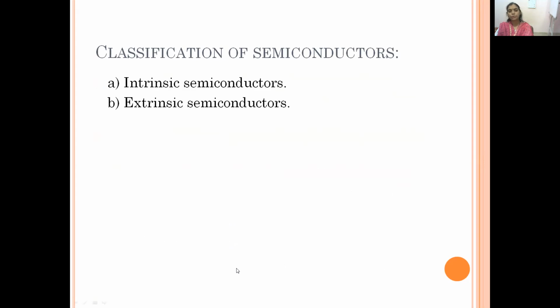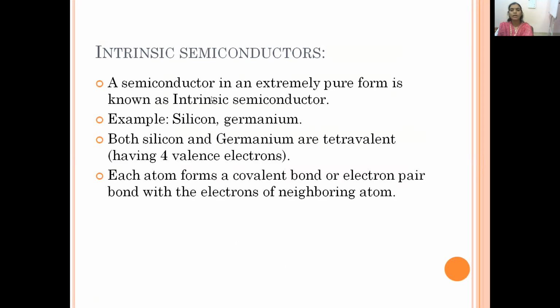Semiconductors are classified into two groups: intrinsic semiconductor and extrinsic semiconductor. Firstly, we see the intrinsic semiconductor. An intrinsic semiconductor is in an extremely pure form, where no impurity is added. This extremely pure form is known as the intrinsic semiconductor.